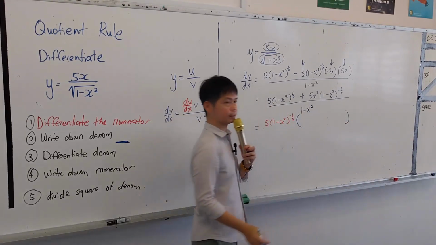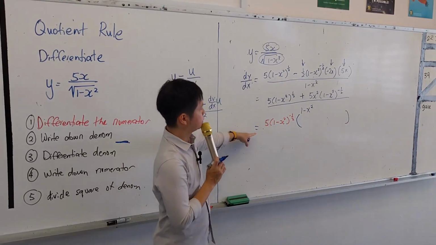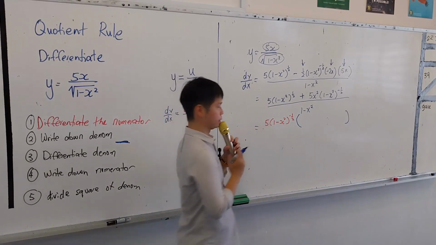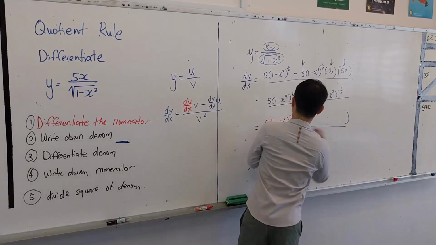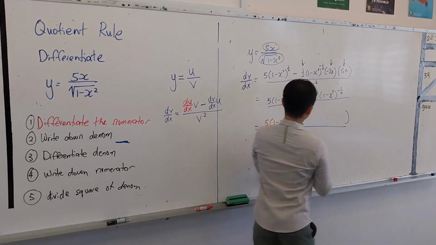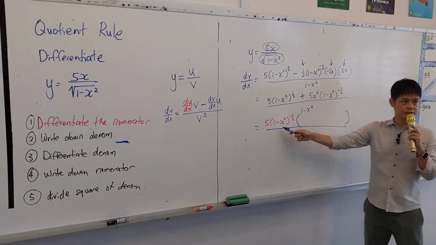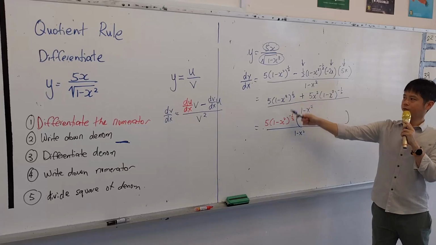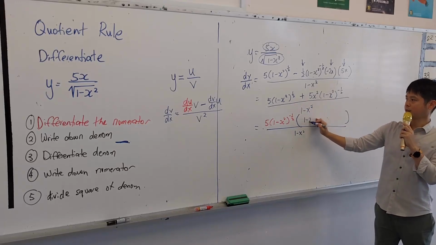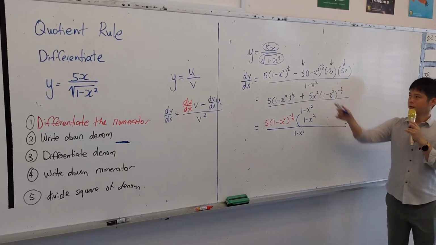And we will do a blue part. Like what one of you said, it looks like product rule, just that in the denominator you have a v squared here. Let's simplify. This divided by this, what is left? 1 minus x squared.